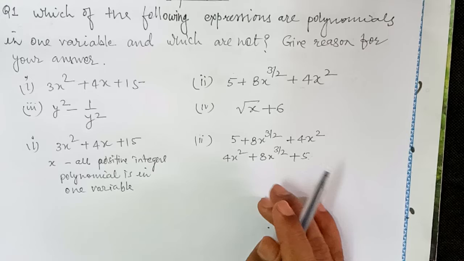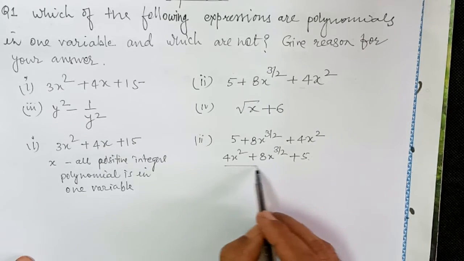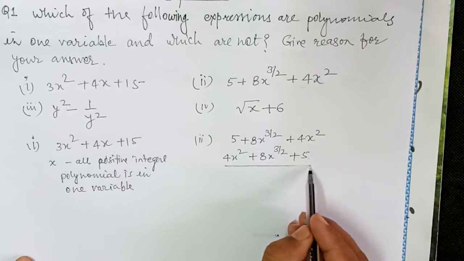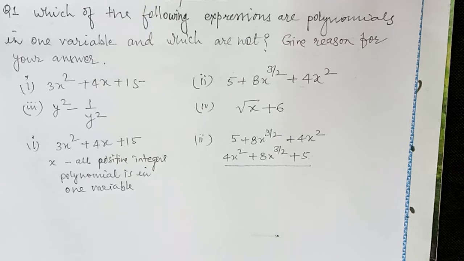Now see here, if we go through the observation of these polynomials, what we find is that there is a power in terms of x to the power 2 and x to the power 3 by 2.